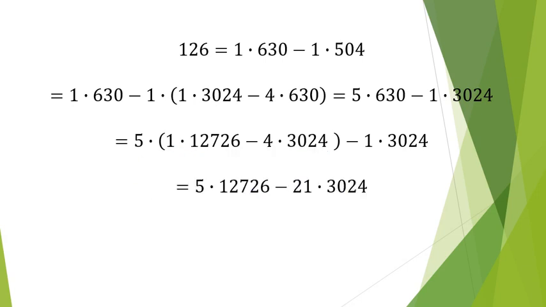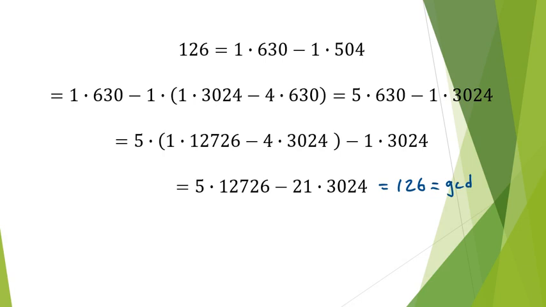Or I have 5 12,726s, and I have negative 21 or minus 21 3,024s. So this right here is equal to what my GCD was. This is equal to that 126.